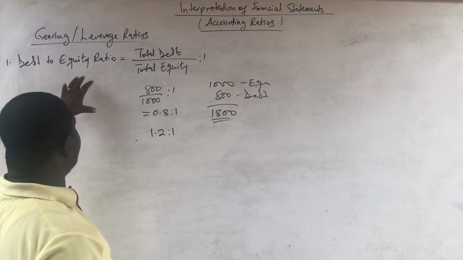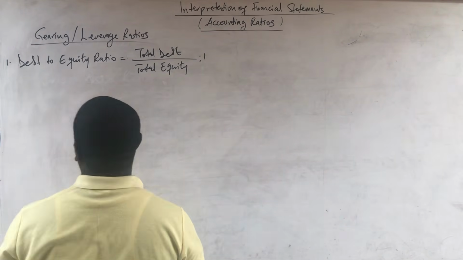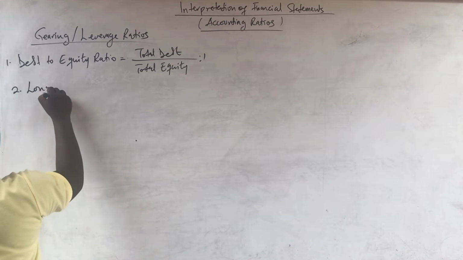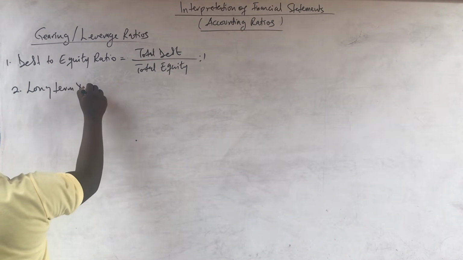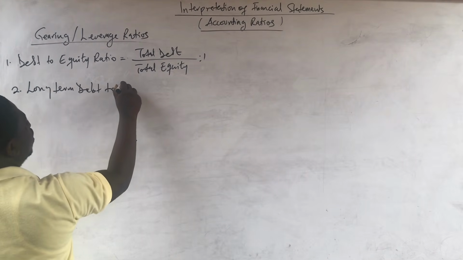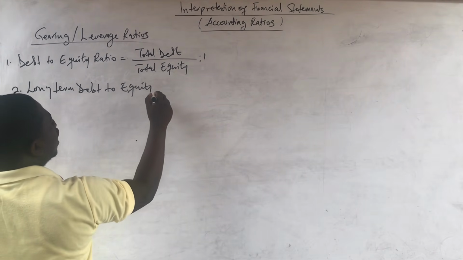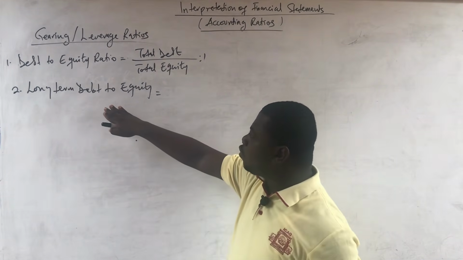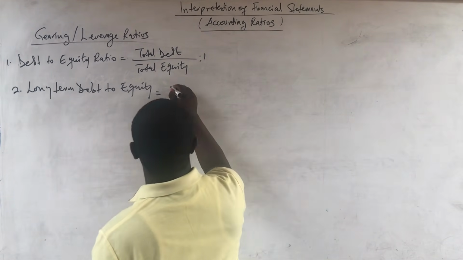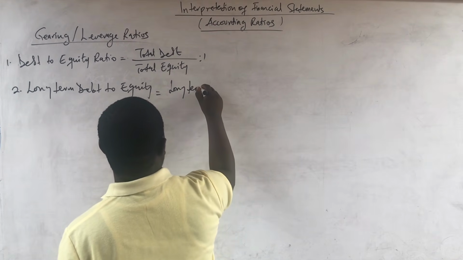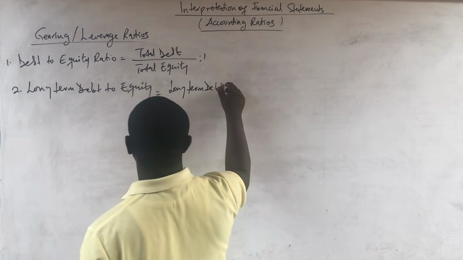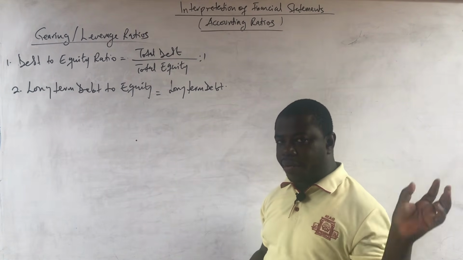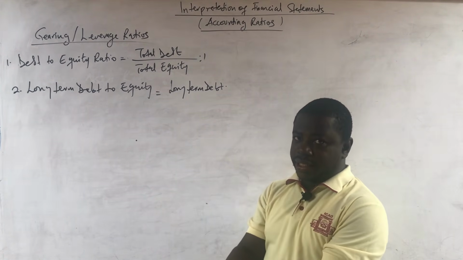But I'm going to quickly give the second formula. Let us assume that you were asked to find long-term debt to equity. Now, in this case, you've been limited to only the long-term debt, okay? And so you are going to find the component. It's going to be your long-term debt. When we talk about the long-term debt, we are talking about all long-term liabilities or non-current liabilities plus your preference shares.